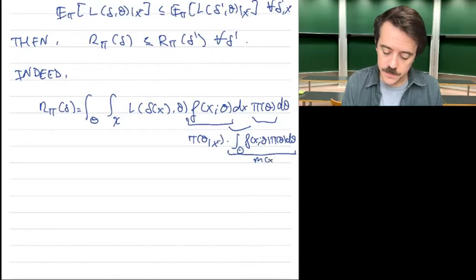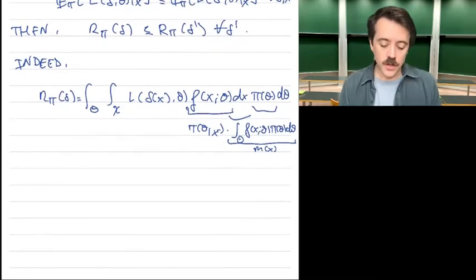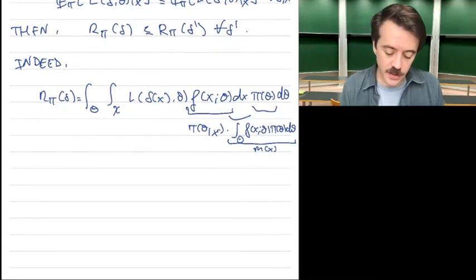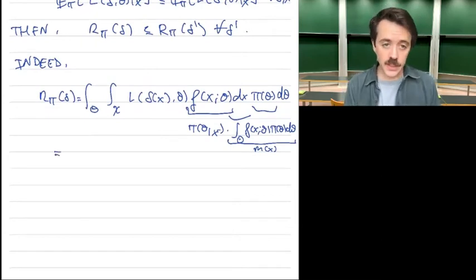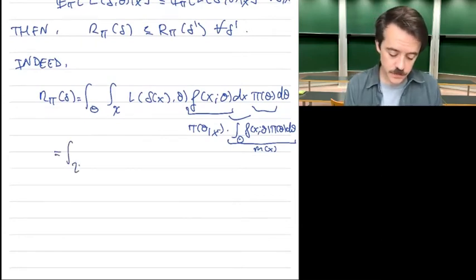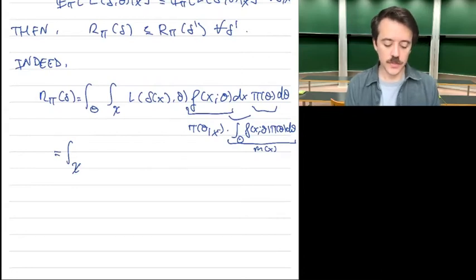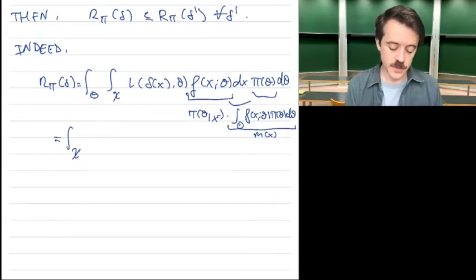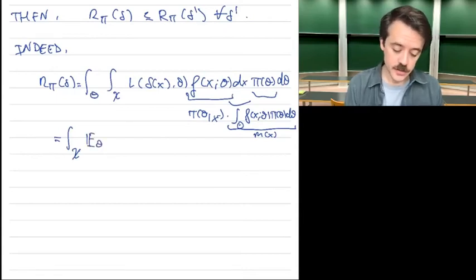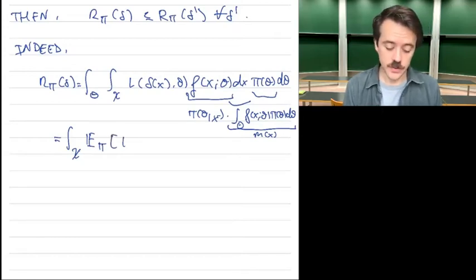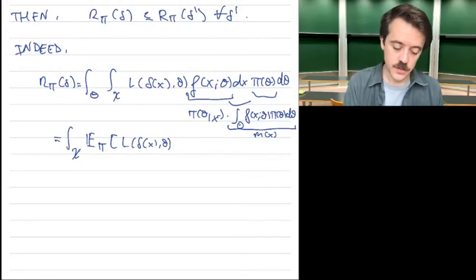And let me call this constant mx. All right. So what we get here is simply the integral over the sample space of the expectation under the posterior of our loss function, theta given x.